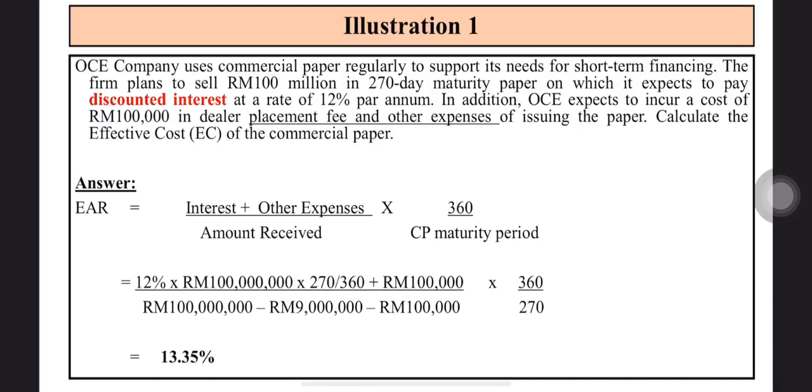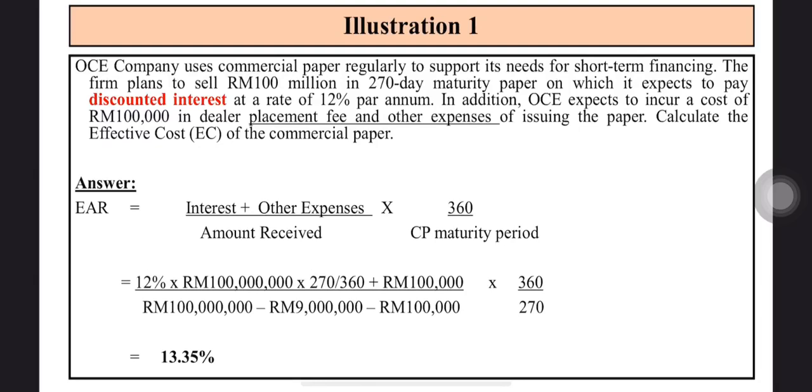So the answer for this, the effective cost or the effective annual rate, is interest plus other expenses divided by amount received, times 360 divided by commercial paper maturity period.